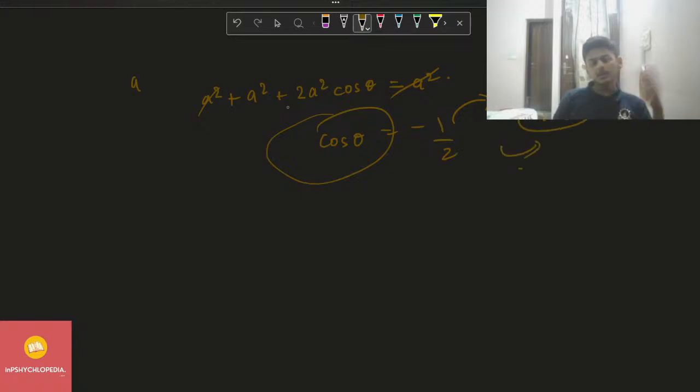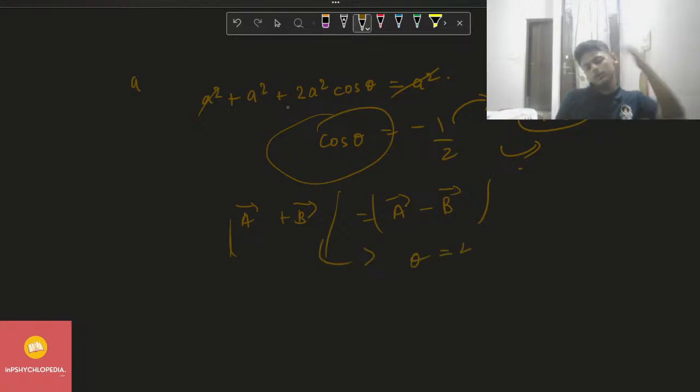You can even remember that if two vectors are of equal magnitude and the resultant is also of equal magnitude, then the angle between them is 120 degrees. Then there is the 90 degrees trick. If the magnitude of a vector plus b vector is equal to the magnitude of a minus b vector, then theta is equal to what?